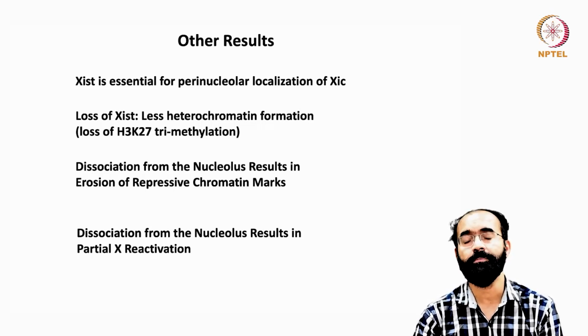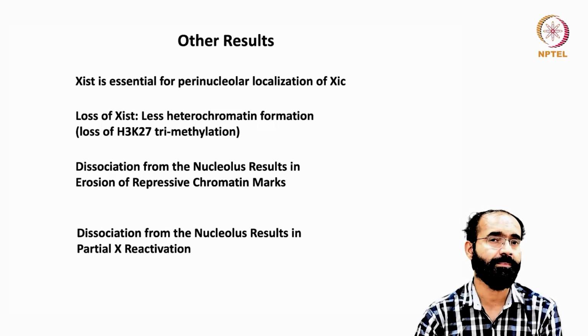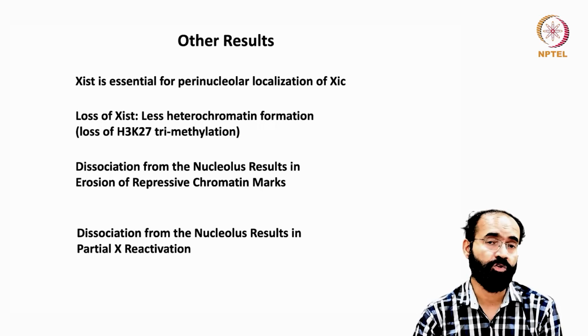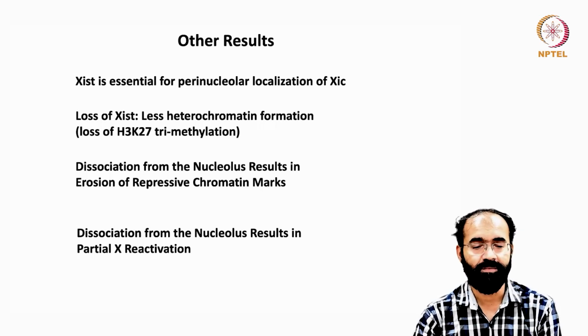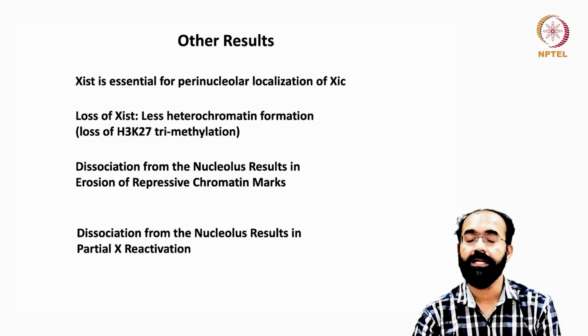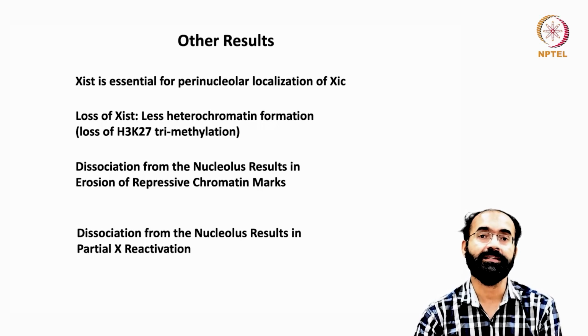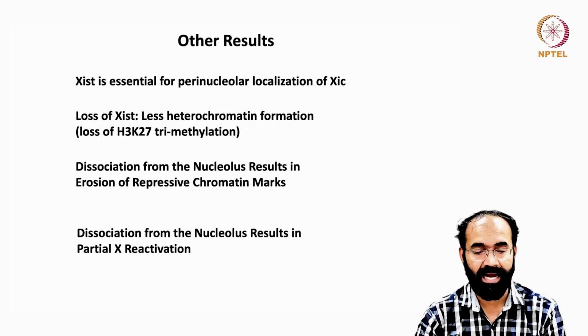It's just like a newborn baby separated from the mother. Of course it may survive, but it will not survive as effectively as a newborn baby survives with the mother. In the same way, if you prevent the nucleolar association, then the inactive X chromosome need not stay inactive. It is vulnerable to becoming active.